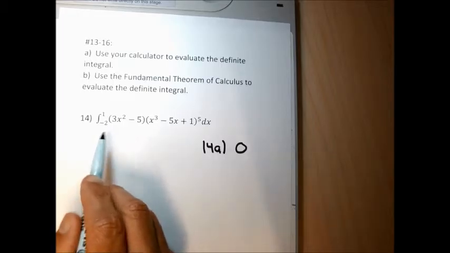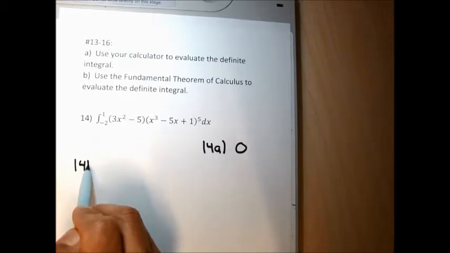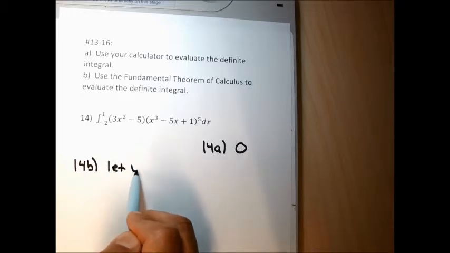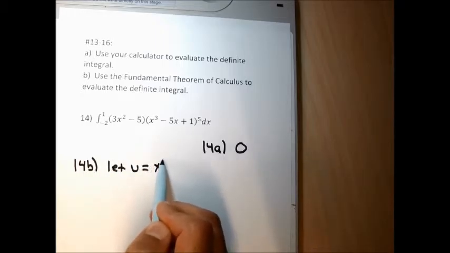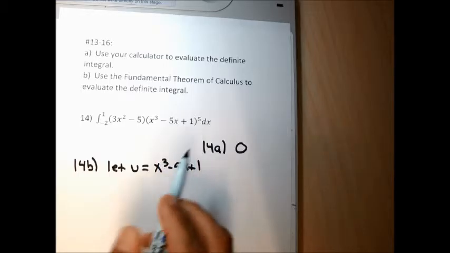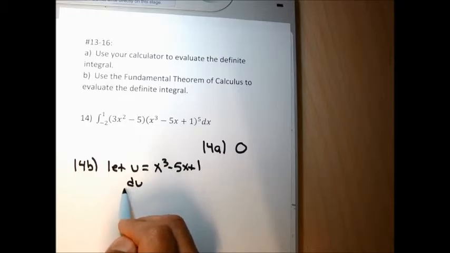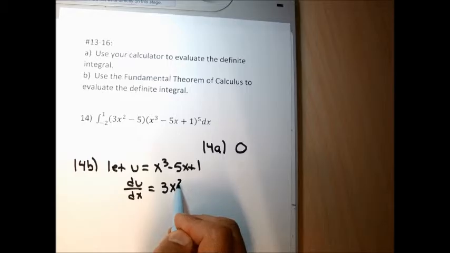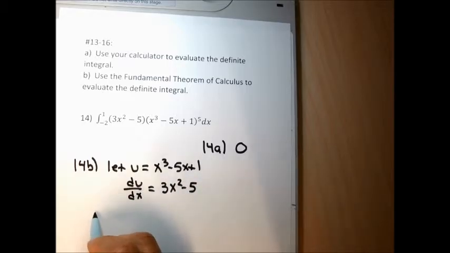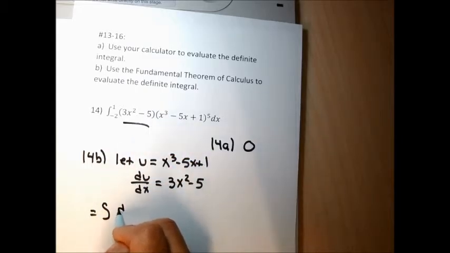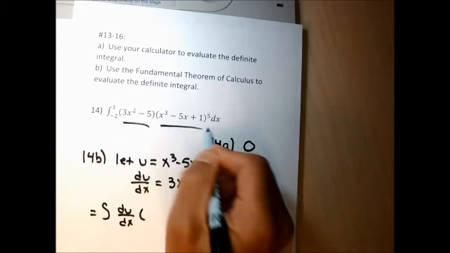So to do this by hand, in 14b, I have to do u substitution. I'm going to let u be x cubed minus 5x plus 1. Then du dx is going to be 3x squared minus 5. And I'm going to do 2 substitutions at once. I'm going to let this be du dx, and this be the u.